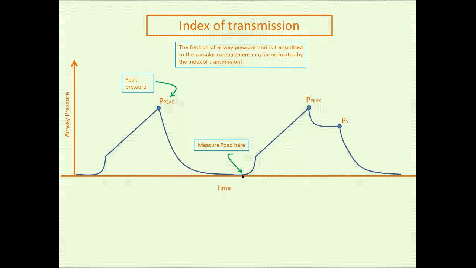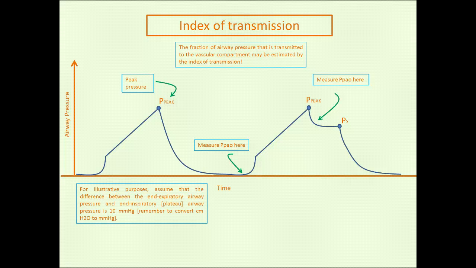Well, at end expiration, where you normally should measure your pulmonary artery occlusion pressure, you measure your quote-unquote wedge pressure here, make note of it, and then you do the exact same thing for your wedge pressure during a plateau pressure or an end inspiratory hold. So this is an end expiratory hold, measure the wedge. End inspiratory hold, measure the wedge.